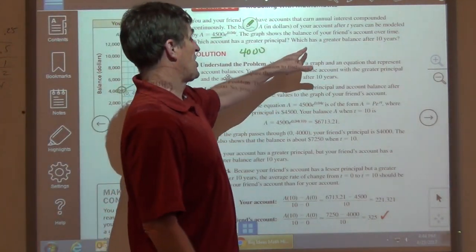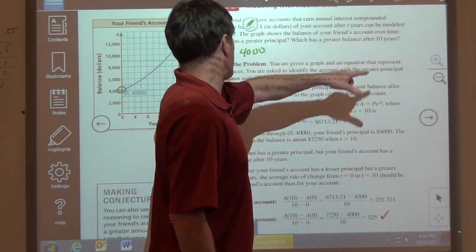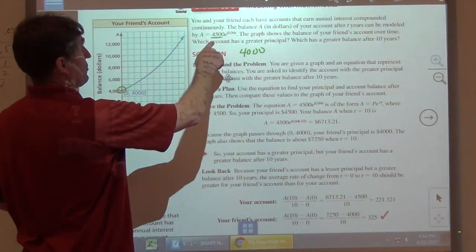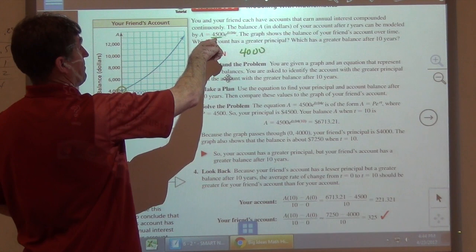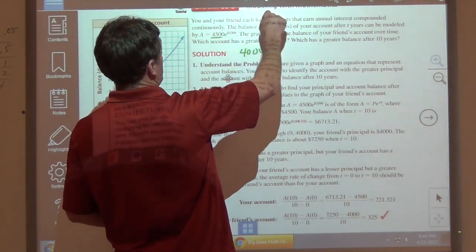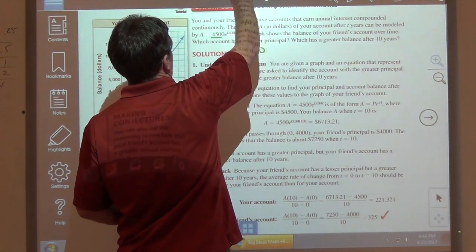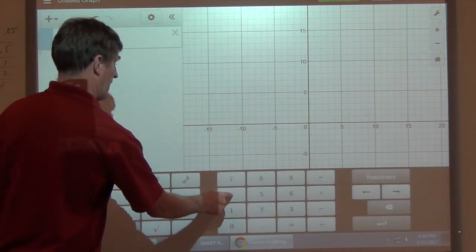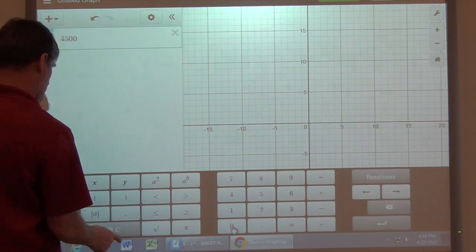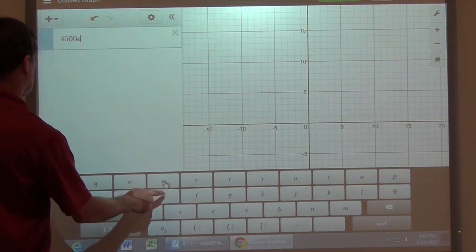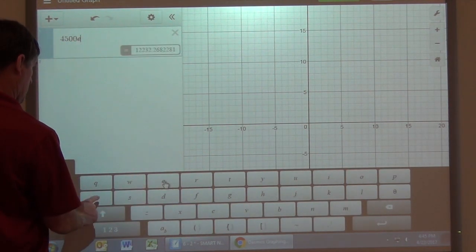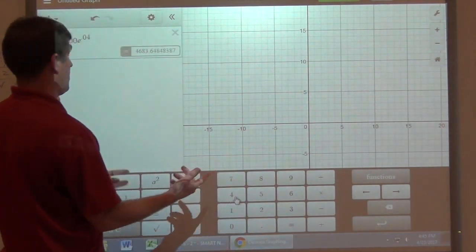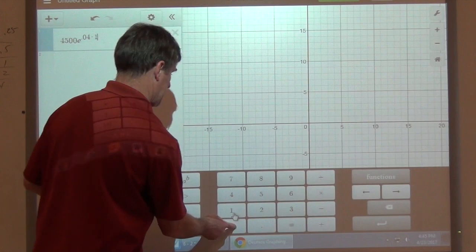Then it says, which has the greater balance after 10 years? Well, to calculate yours, we can simply go to the graphing calculator. 4,500, so we're going to go at 4%: 4,500 e to the 0.04, and we want to know in 10 years, so times 10.